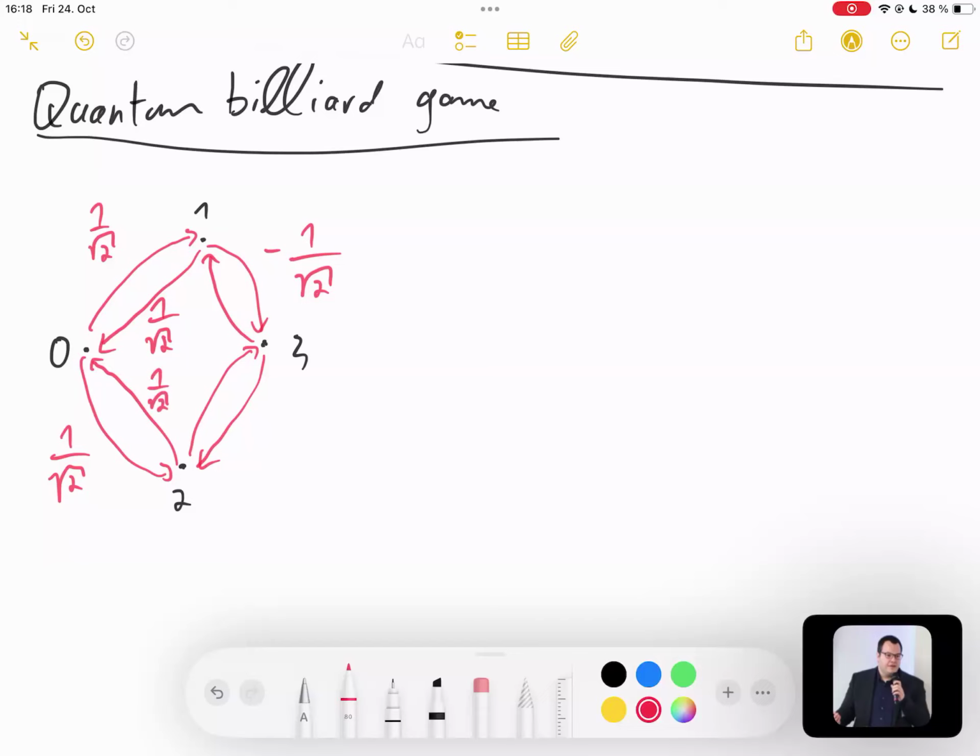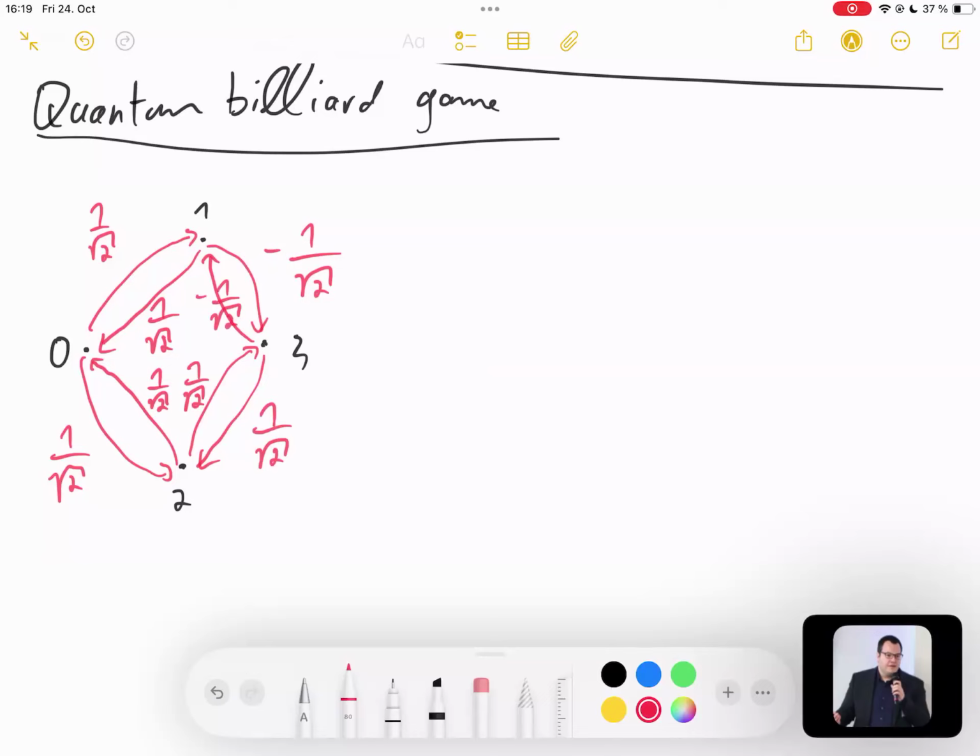From 2 to 3, it's 1 divided by the square root of 2. And then from 3 to 1, it's minus 1 divided by the square root of 2. And from 3 to 2, it's 1 divided by the square root of 2.